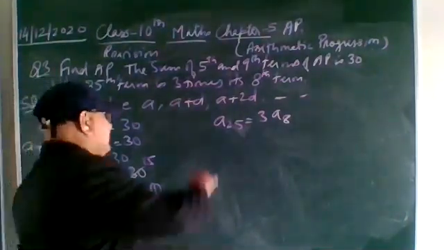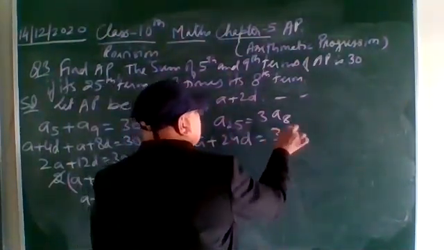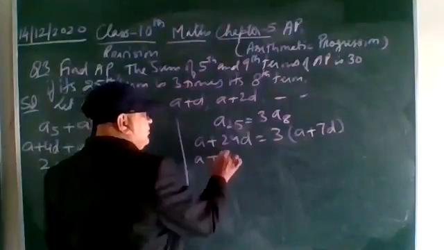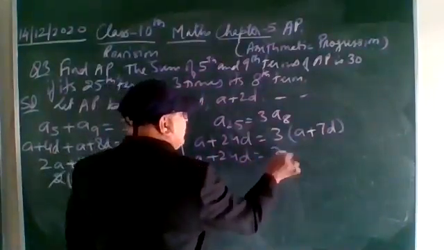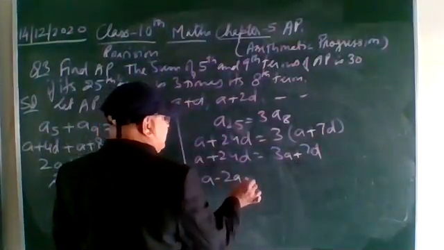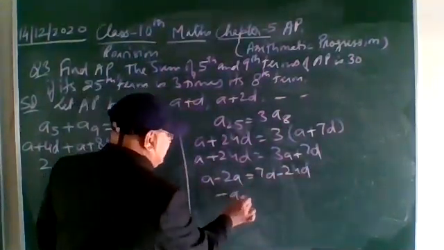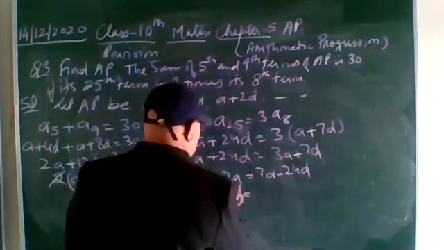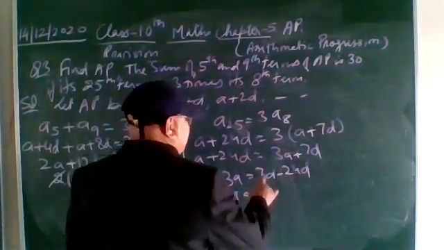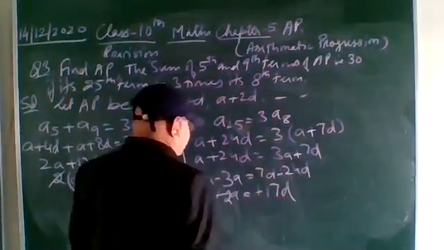Once you have equation number 1, next A plus 24D equal to 3 times A plus 17. So A plus 24D equal to 3A plus 17. So A minus 3A equal to 17 minus 24D, that is minus 2A equals 17D, minus minus cancel.